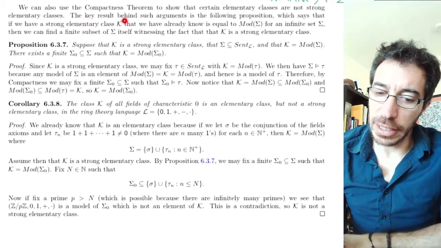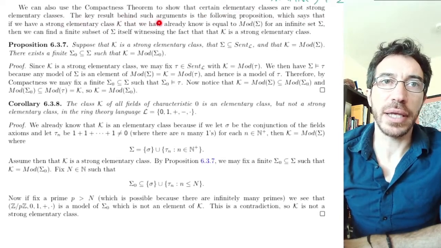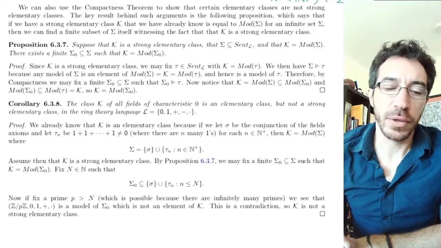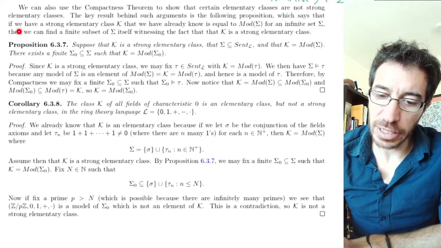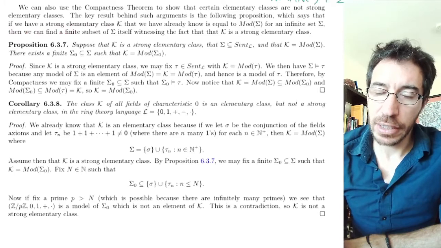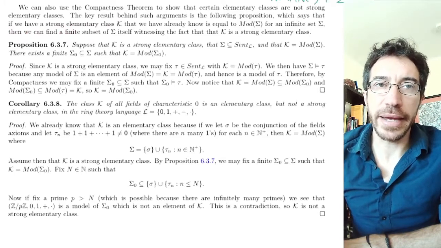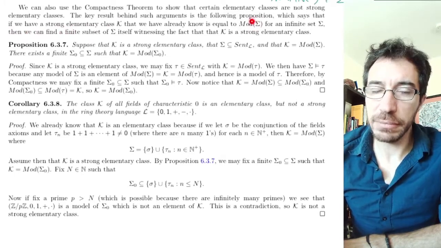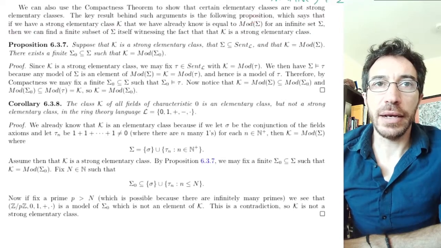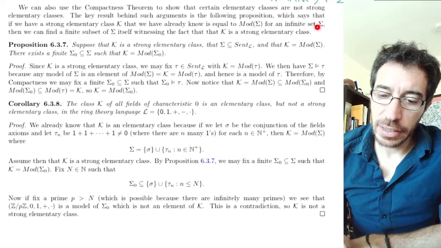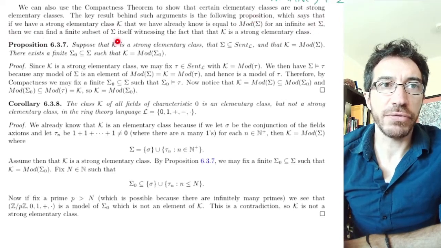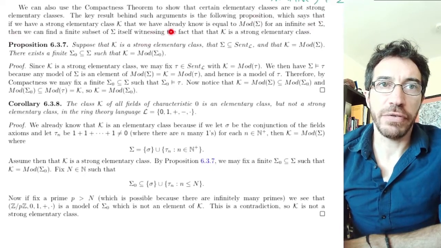The key result behind such arguments is the following proposition, which says that if you have a strong elementary class K that we already know is the class of models of some infinite set sigma, then we can find a finite subset of sigma itself witnessing the fact that K is a strong elementary class.